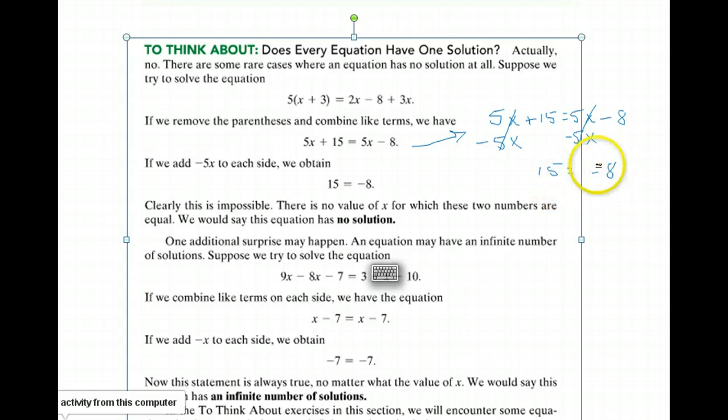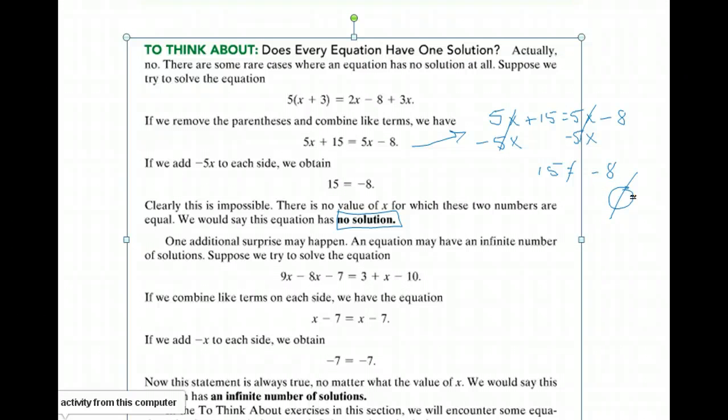It should be obvious to us that that's not a true mathematical statement because 15 does not equal negative 8. When this situation arises, the answer to your equation is no solution. You can either write the words no solution, or you can use the no solution symbol, which is a circle with a slash through it.